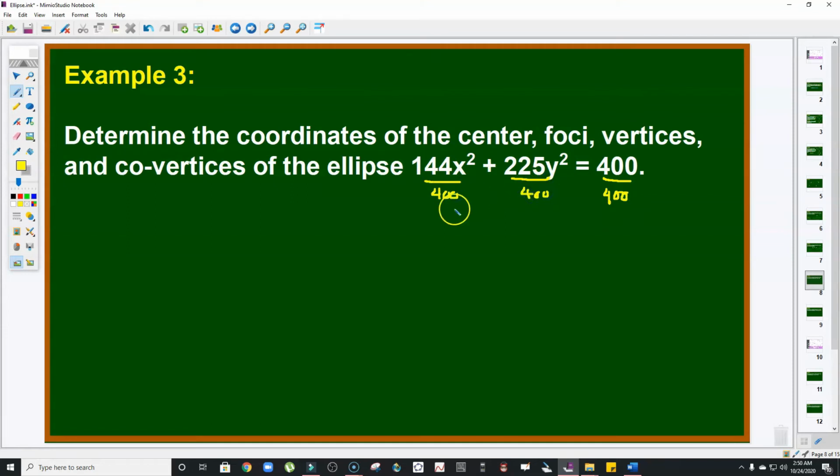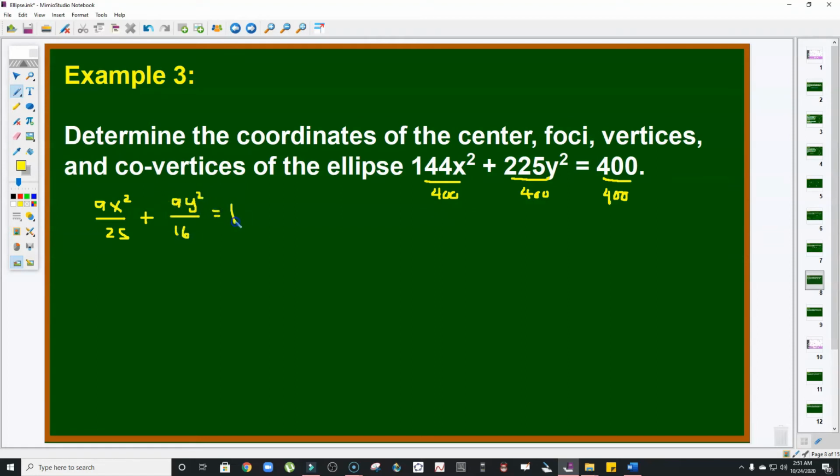So, 144 over 400, that's 9 over 25. So, I'm going to have 9x squared over 25, plus 225 over 400, that's 9 over 16. So, 9y squared over 16.